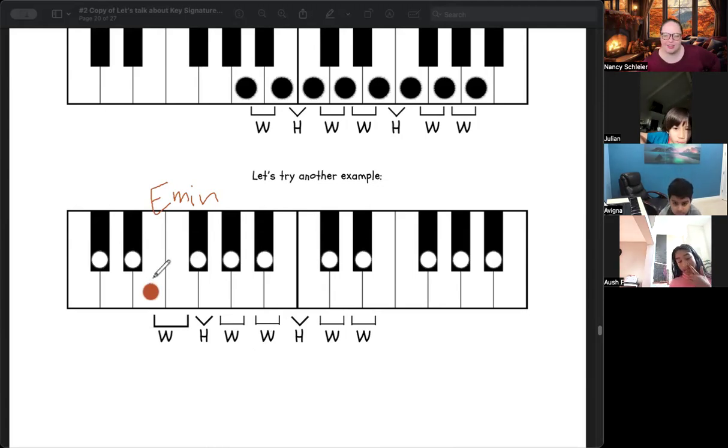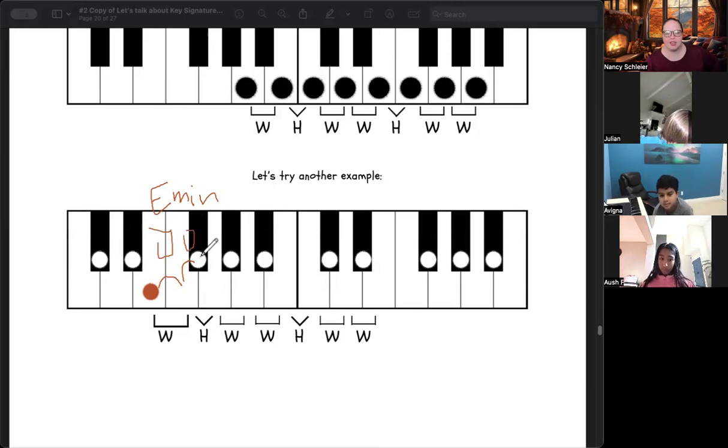Not right now. Okay, that's okay. So remember, a whole step is just two half steps. So one, two. There's no note here, and there's no note here. So this would be our second note. Does that make sense?